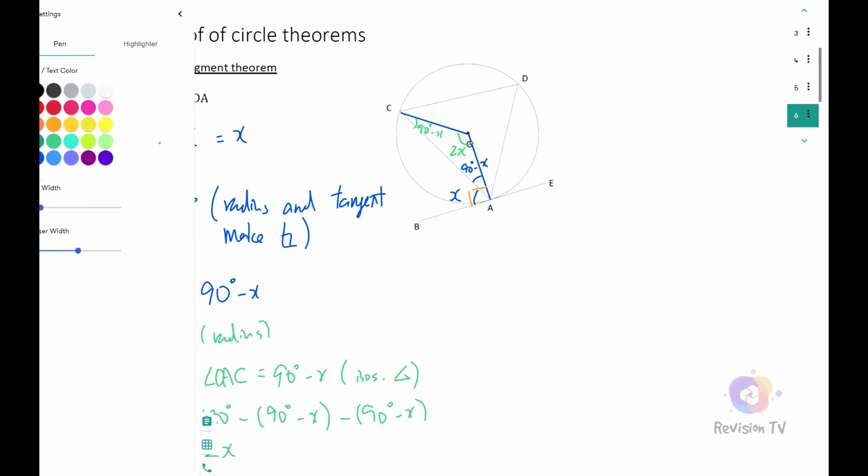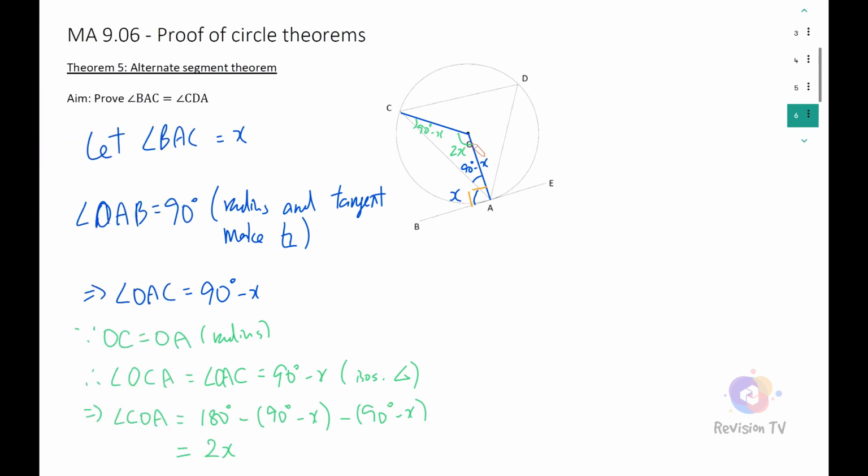If we know angle COA is 2x, we can use the arrowhead again in here. So therefore, angle CDA equals half of the angle COA, which is a half times 2x, which is x.